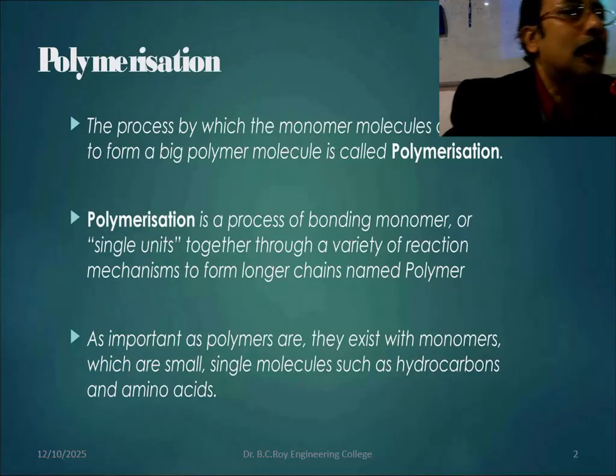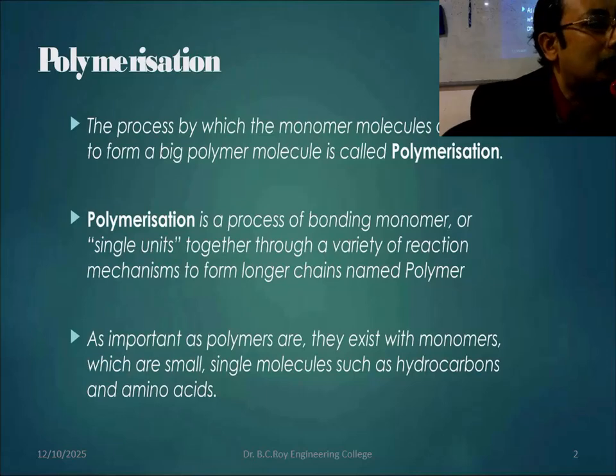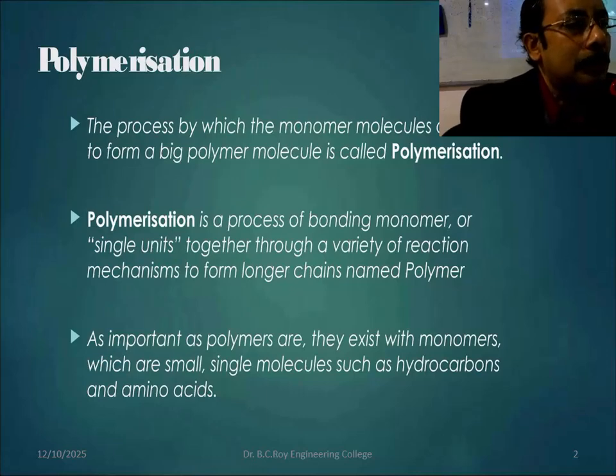So these three types of polythene polymers are very common: low density, high density, and ultra high density. These three types of polymer are all polythene. Now there is another one, polypropylene or polypropene.